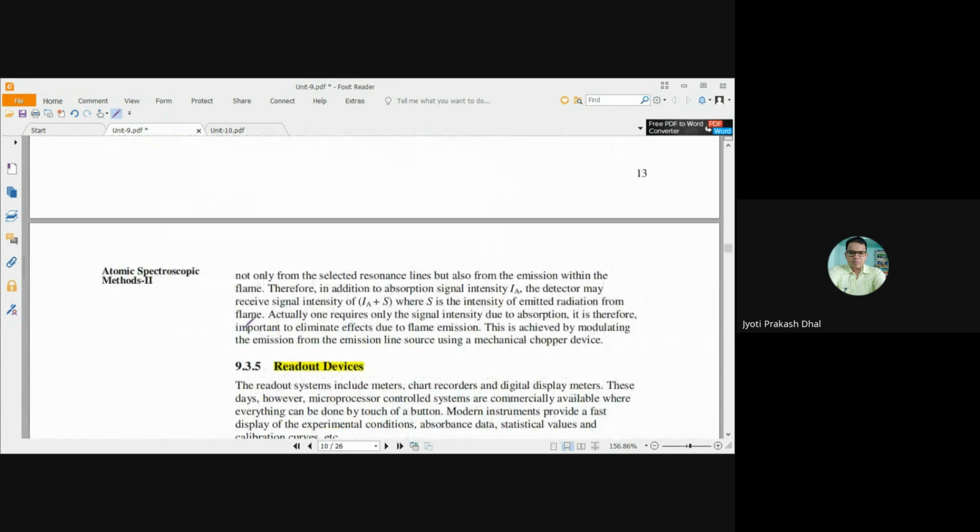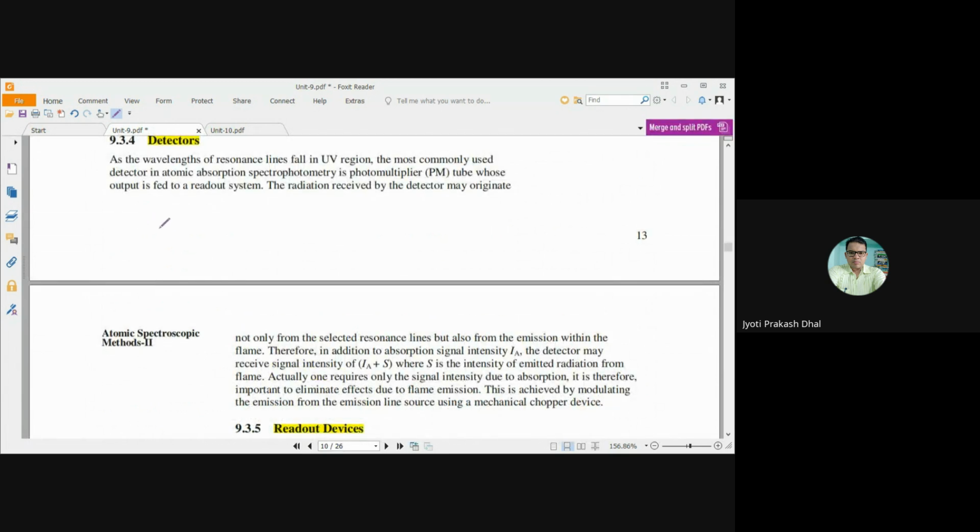Now coming to the next part of the instrument, that is called the detector. As the wavelength of the resonance line falls in the UV region, for atomic absorption or emission, whatever may be, the resonance line will fall in the UV region, and that's why we have to use a PMT, photomultiplier tube detector, whose output is fed to a readout system.